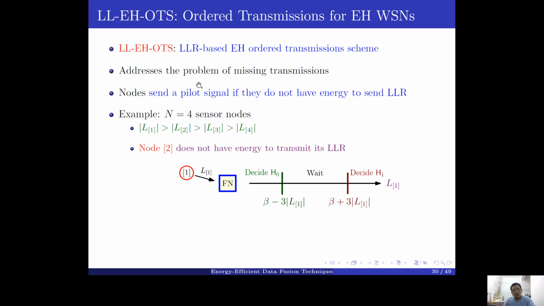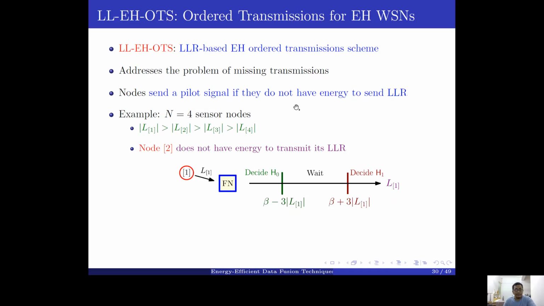Here, if a node is unable to send its LLR, it sends a pilot signal. Here, a pilot signal consumes very little energy. And how it helps, we will show with an example. Again, you take the previous example of 4 sensor nodes with the second best node unable to transmit its LLR.